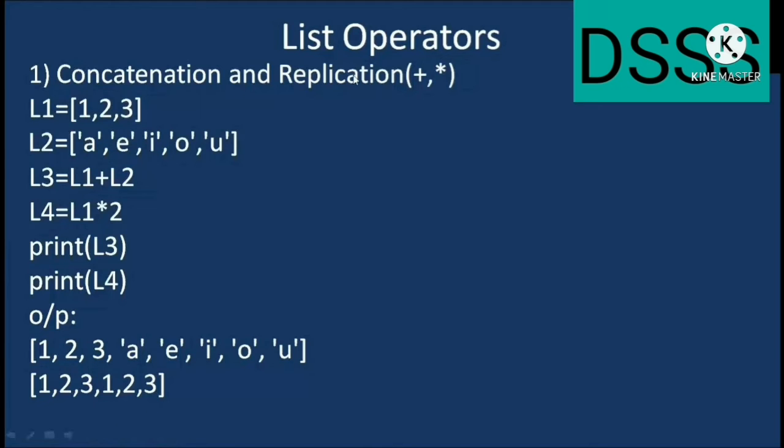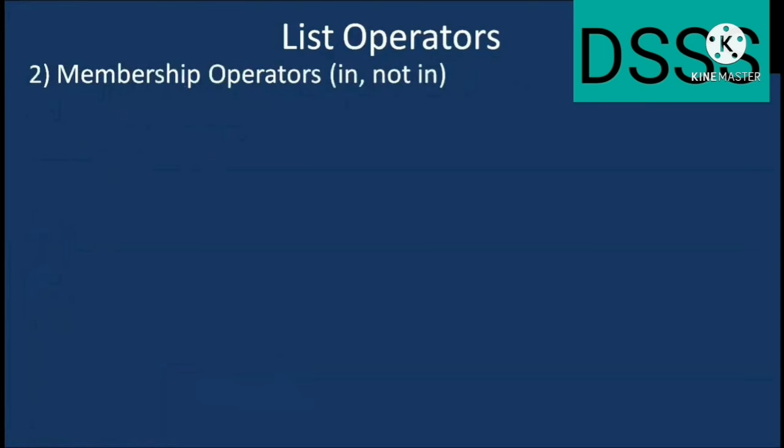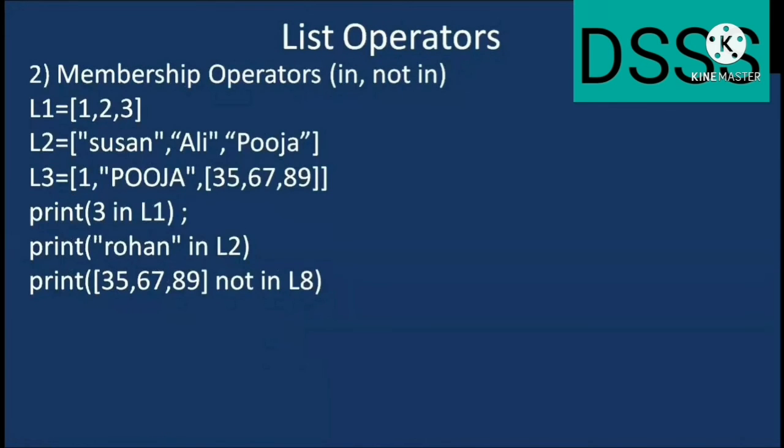Similarly, there is the membership operator, in and not in. Again the same thing here. Let's assume we have lists L1, L2, L3. So now we'll say print 3 in L1. That means, does 3 exist in L1? Is 3 an element in L1?